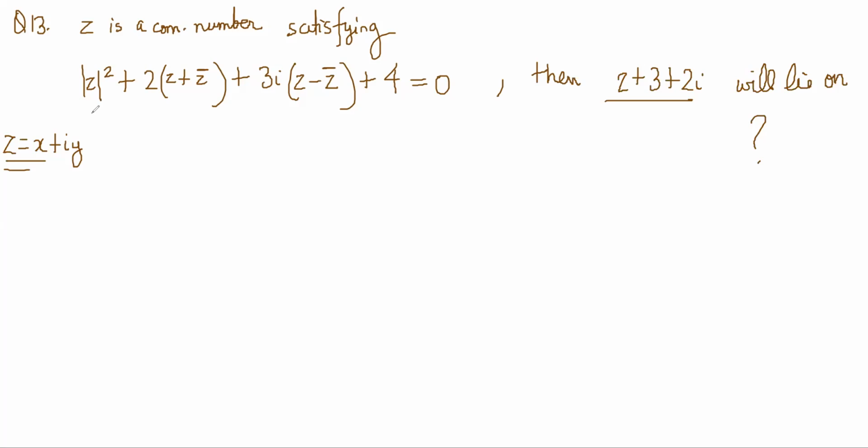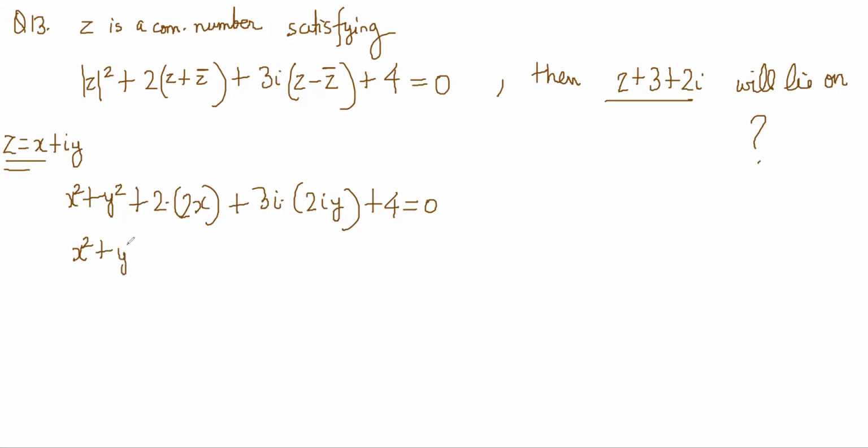What will you get here? x squared plus y squared plus 2 into 2x, plus 3i times minus 2iy, which is 3i into 2iy, plus 4. So I found plus 4x minus 6y.